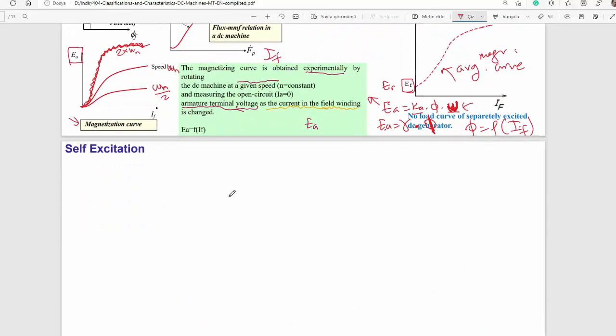Now, we were talking about self-excitation. First of all, in the poles, you just observe residual flux.